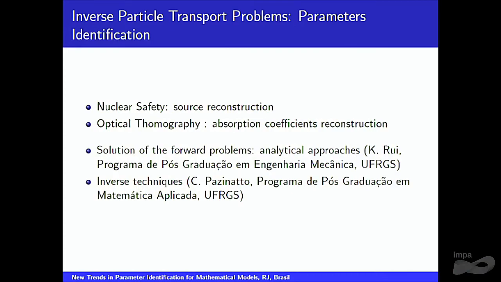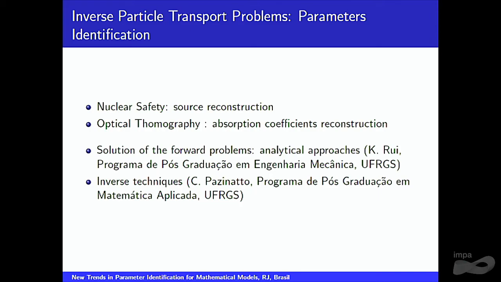Another classical inverse problem is related to optical tomography, for instance, where the reconstruction of the absorption coefficients in the equation can bring us important functional information about the brain, for example.